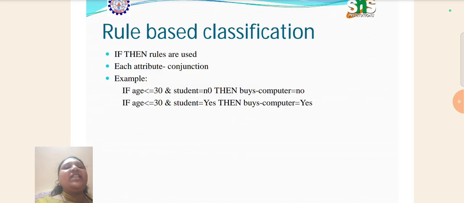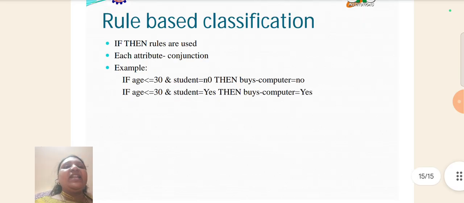That is the criteria we are going to have. If age is greater than 40 and credit rating is fair, then buys computer is yes. If age is greater than 40 and credit rating is excellent, then buys computer is no. These are the rules we can have in rule based classification.